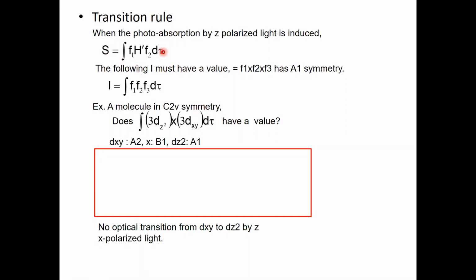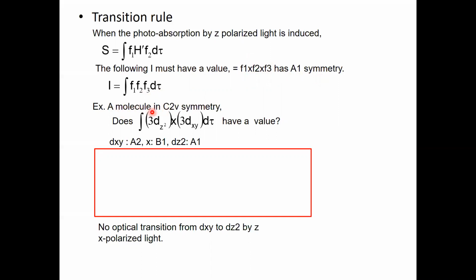To have a nonzero value of this integral, you need the product of F1, H prime, and F2 to have A1 symmetry. So this is a necessary condition.